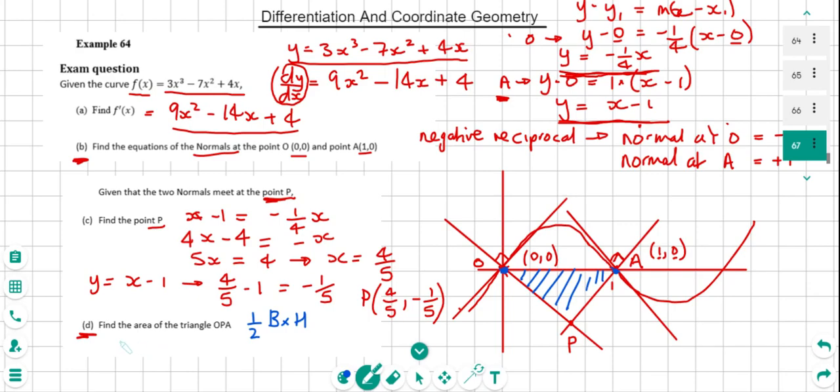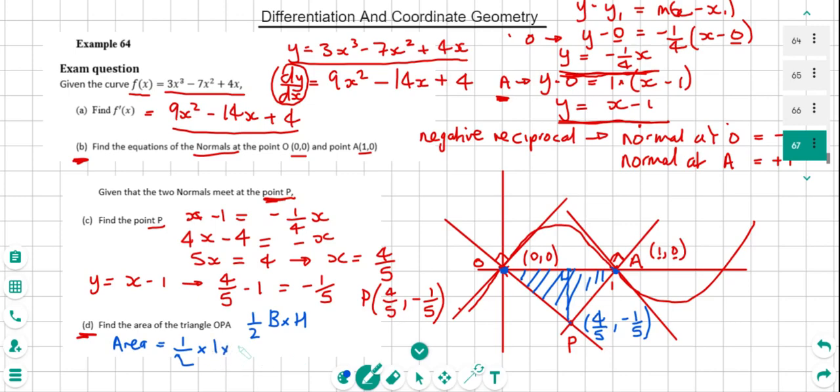So the area is going to equal half times the base, which is 1. And the height is the perpendicular height, which is the distance here, in other words the distance from 0 down to the y coordinate of P. That is 1/5.